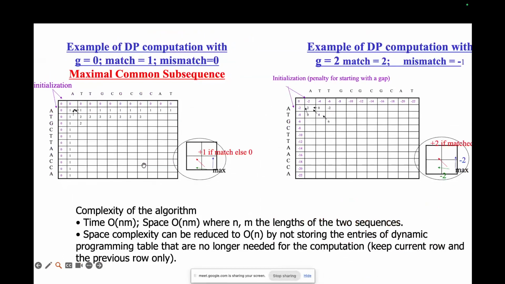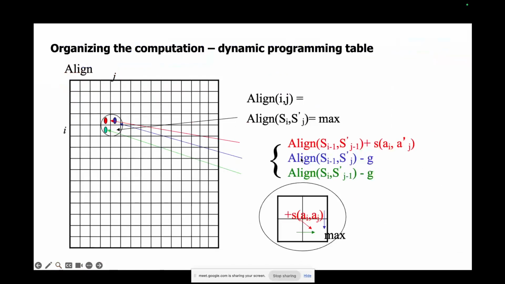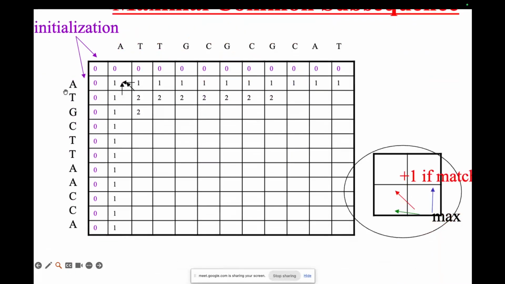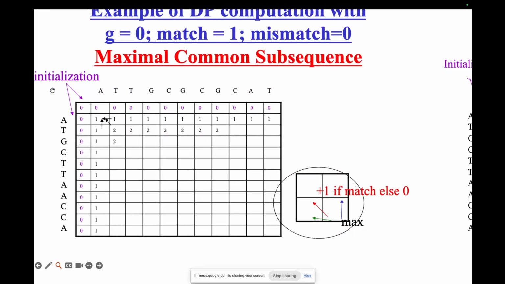So as I said, we start off with this particular notion. We need to have the alignment score. If we want to find the alignment score at I comma J, we need to find the alignment score before that, at I minus 1 comma J minus 1, right? Now if you start from this first position, say for example here, you need to initialize because you are moving from there.